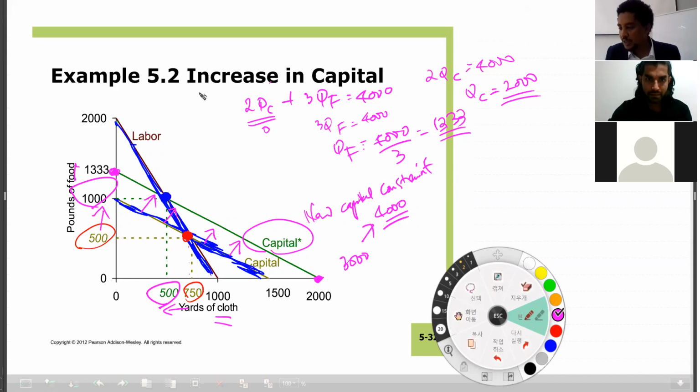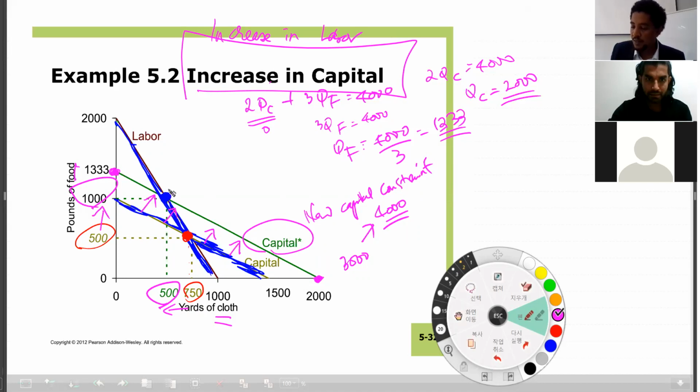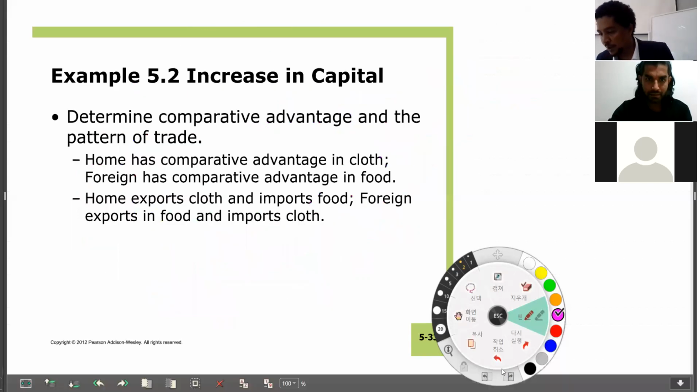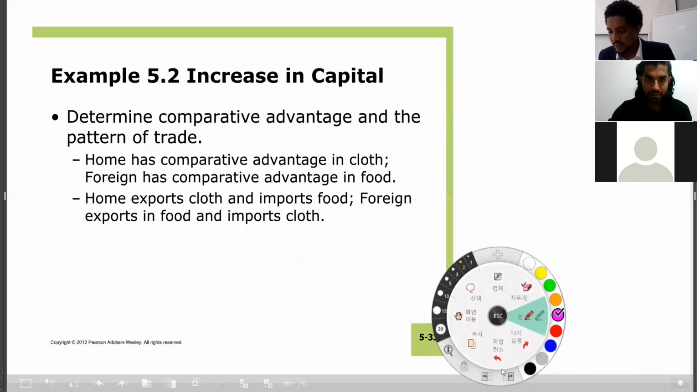This example was given with an increase in capital. I want you to exercise with an increase in labor. If you increase labor, the new labor graph will come like this, and you will have a new equilibrium.